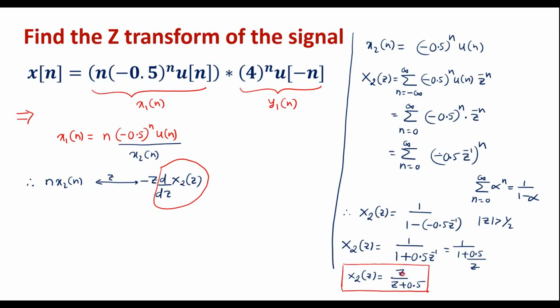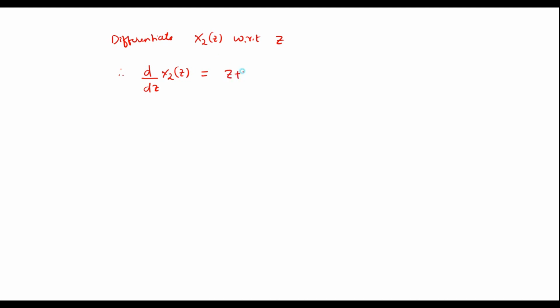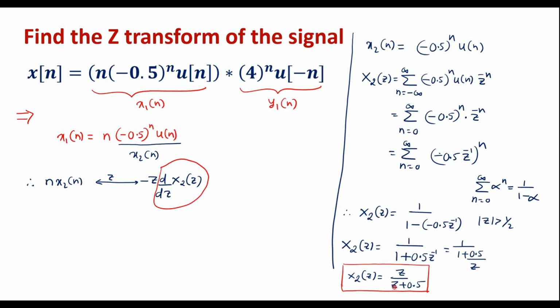That is, differentiate x2 of z with respect to z. Therefore d by dz x2 of z is equal to, so here we have z divided by z plus 0.5. Keep denominator as it is, that is z plus 0.5, differentiation of numerator is 1, minus, keep numerator as it is, differentiation of denominator is, here we have differentiation of z is 1, constant is 0.